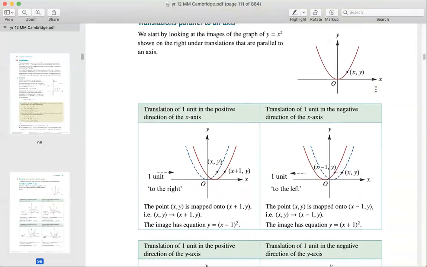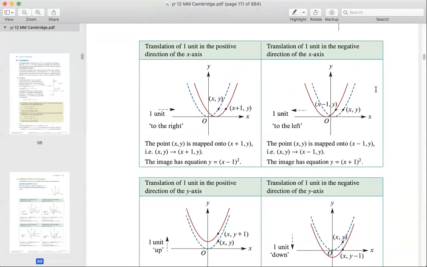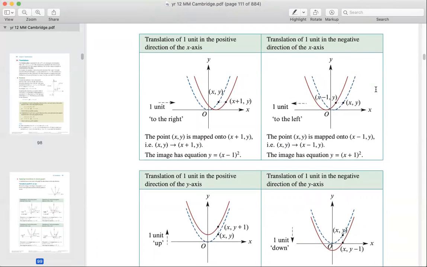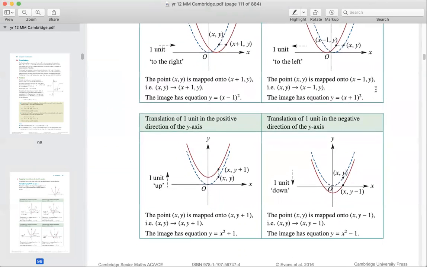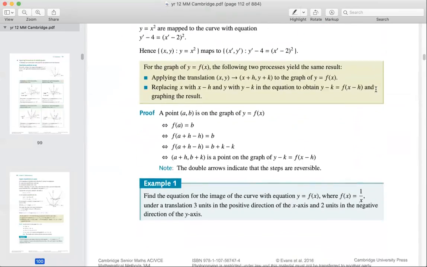This is the first thing I want you to know, and you can check page 99 to see how it works. Move one unit in the positive x direction, one unit in the negative x direction, one unit in the positive y direction, and one unit in the negative y direction. All will be the same.